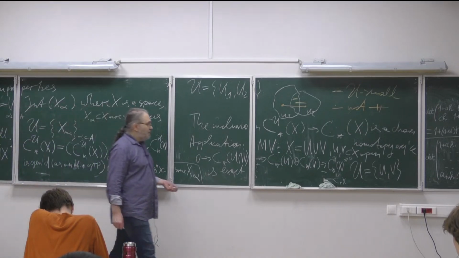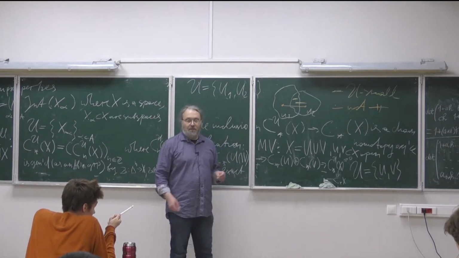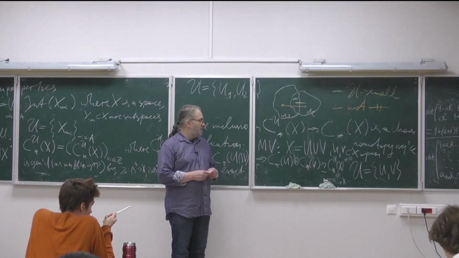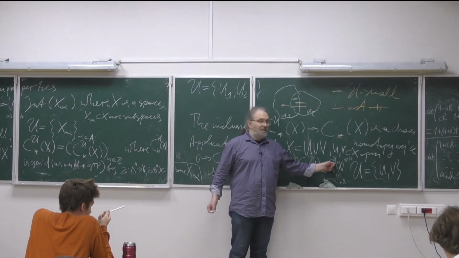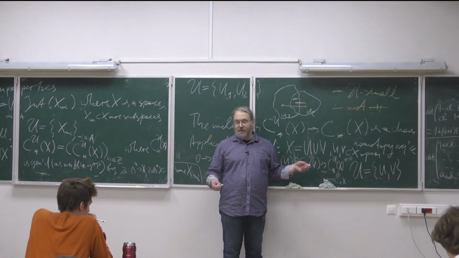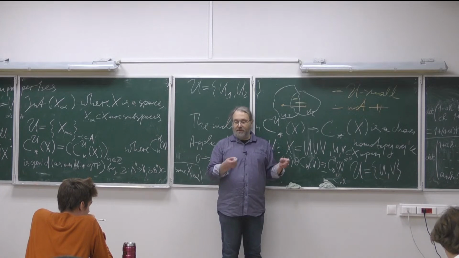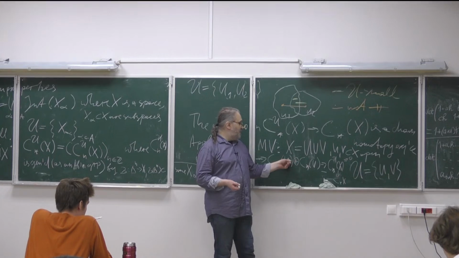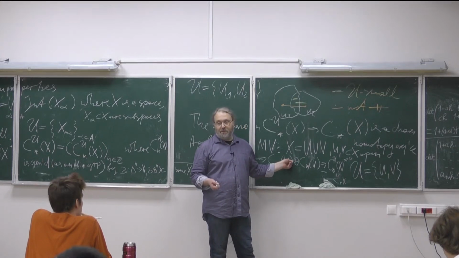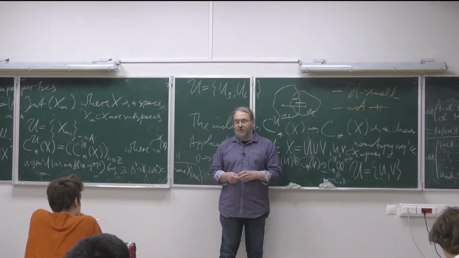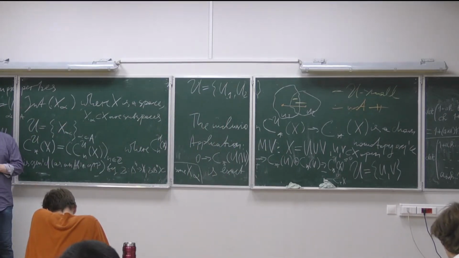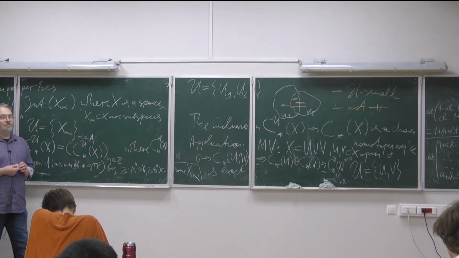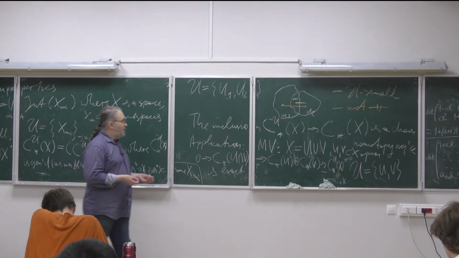If I have, I don't quite get why the last map is surjective. Well, suppose I have a singular simplex such that the image is contained either in U or in V. Well, suppose it's contained in U, then it comes from C of U. Okay.